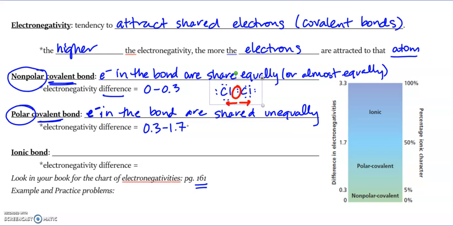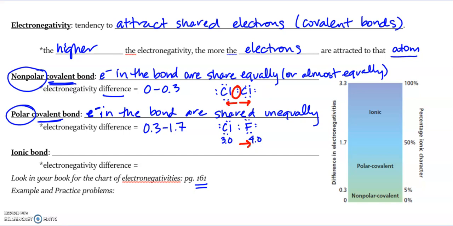This would be something like chlorine with fluorine, where chlorine is 3.0 and fluorine is 4.0, and they both have 7 valence electrons. As they each donate 1, those electrons are being pulled more towards fluorine because it's more electronegative. It has more of an attraction. So they're not shared equally. They're shared, but fluorine is winning that tug of war.